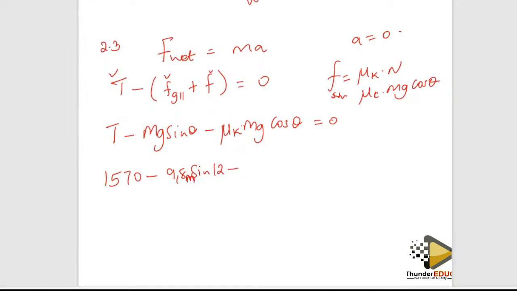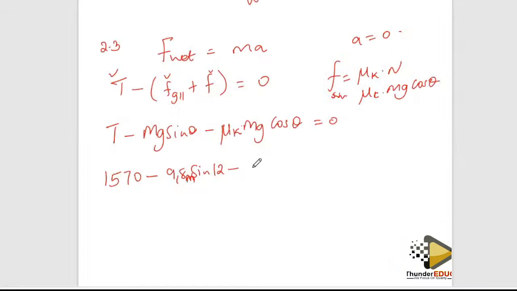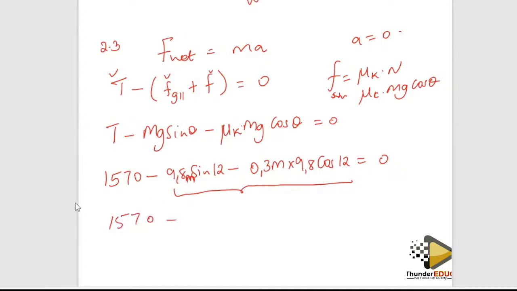Then minus mu, the coefficient was 0.3. That's going to be 0.3 m times 9.8, times the cos of 12, is equal to 0. Then I can just simplify these parts. So 1570 minus, and I punch that into my calculator.